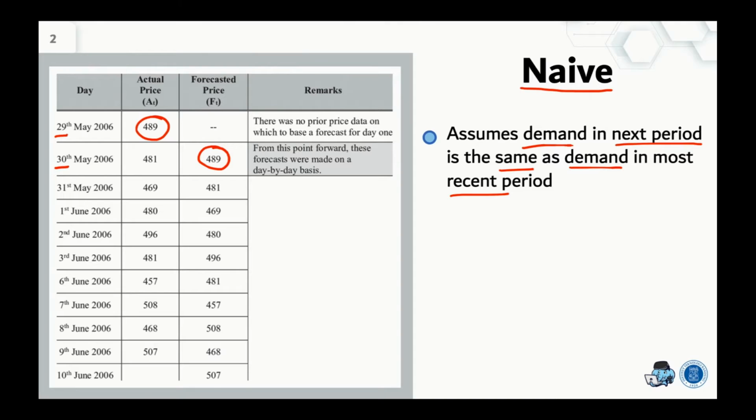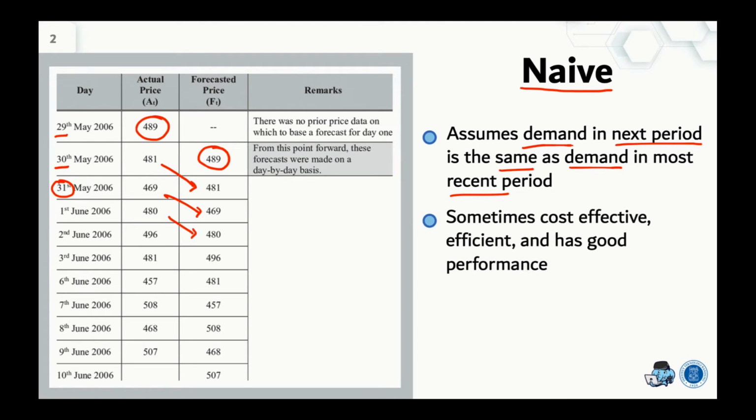This is also applicable when we forecast the demand for the 31st of May. When we already know the actual demand for that day, 481, this actual for the 30th becomes the forecast for the 31st of May. This is also applicable for the others. So this is the naive method.